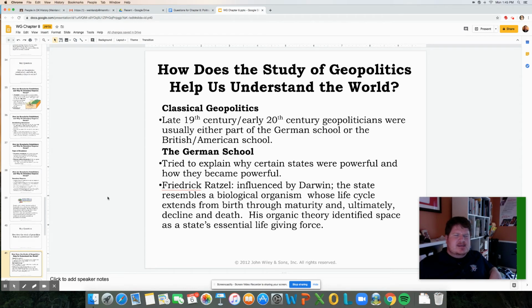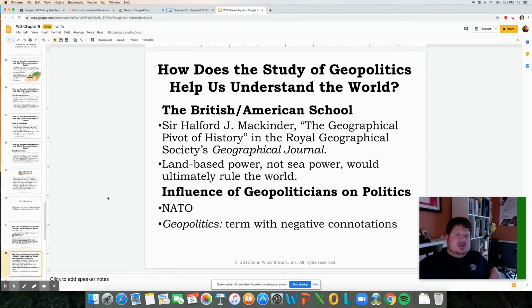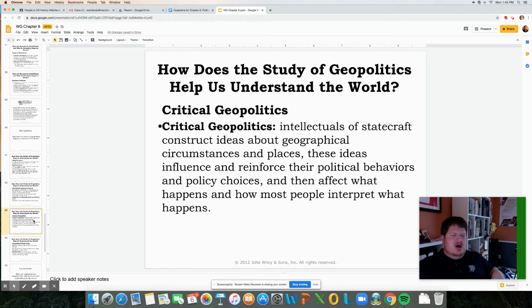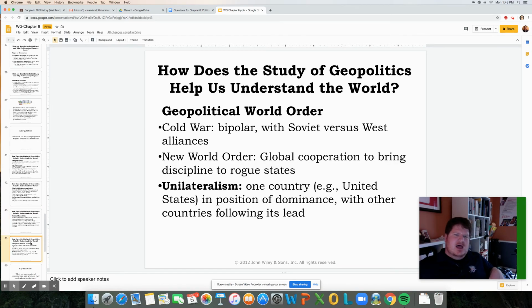So geopolitics, they've been studying these things going all the way back to the early 19th and 20th century with the German and British schools, trying to determine certain ways to separate certain countries and what they own and what they don't own. So this has gone on for many years. We've had different world orders form, especially in the Cold War.